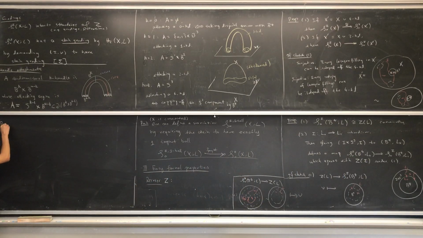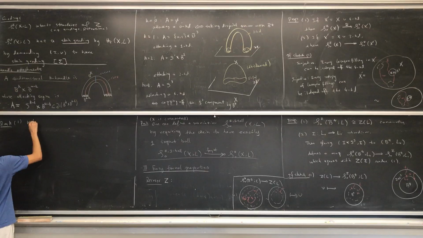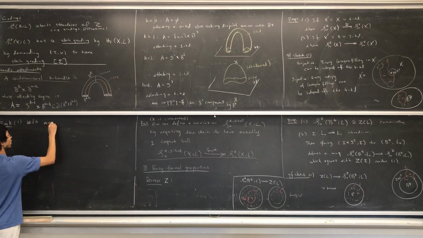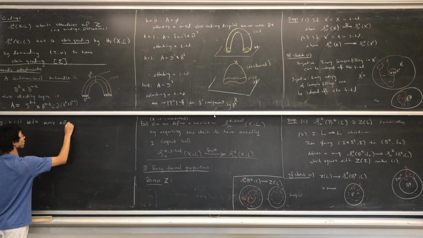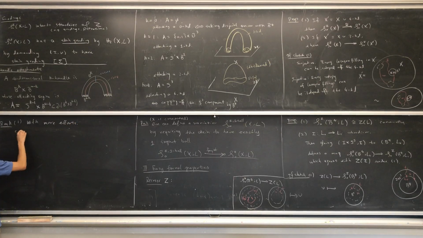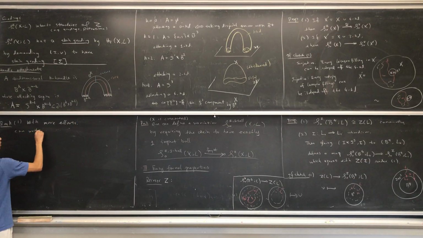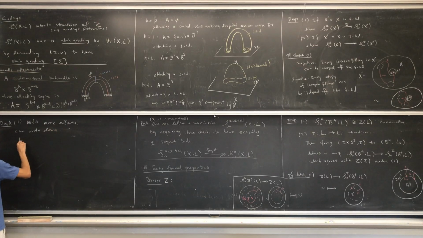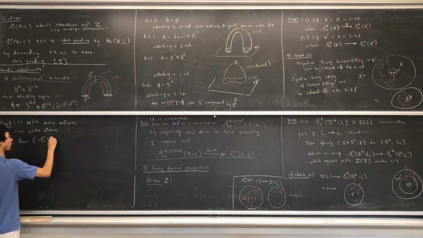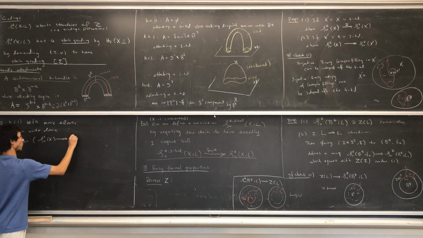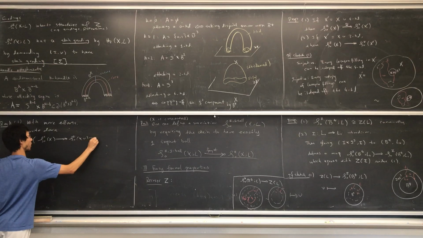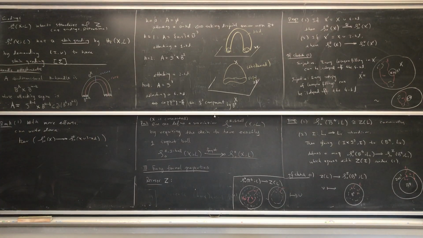Maybe remark, with some more effort, one can write down the kernel of a three-handle attachment value, again by some general position argument.